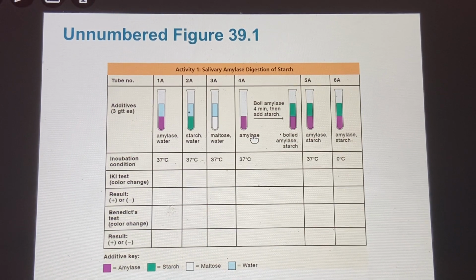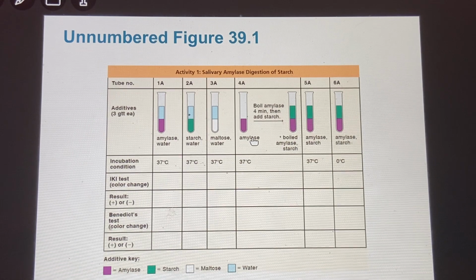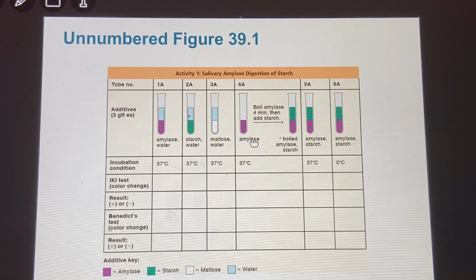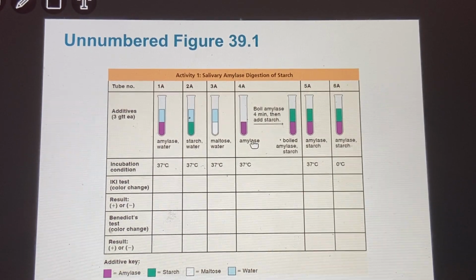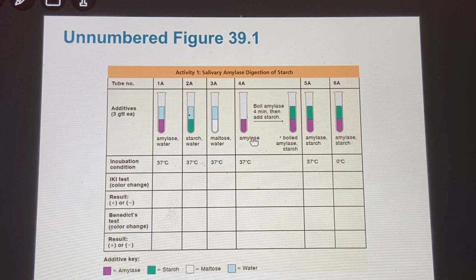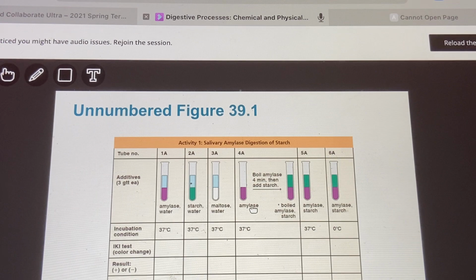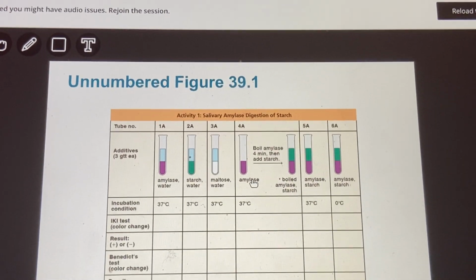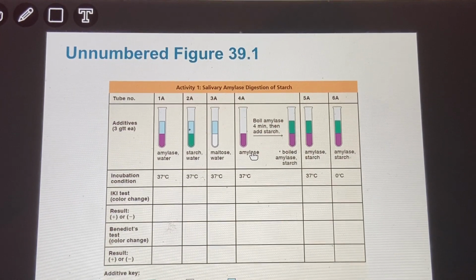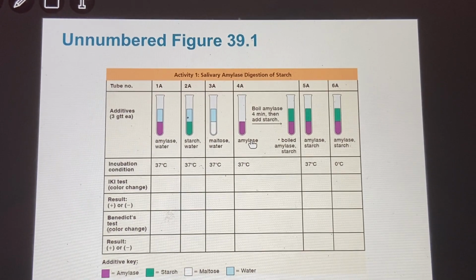So we have to boil. Why? What will be the effect of temperature on the enzymes? You should have a report. It's been a long time. I haven't been teaching Bio 1, but I still remember. We boil the enzyme because we know that enzymes work at an optimal temperature. Especially when we're talking about the body, how could these enzymes in our body work if we don't have the correct temperature?